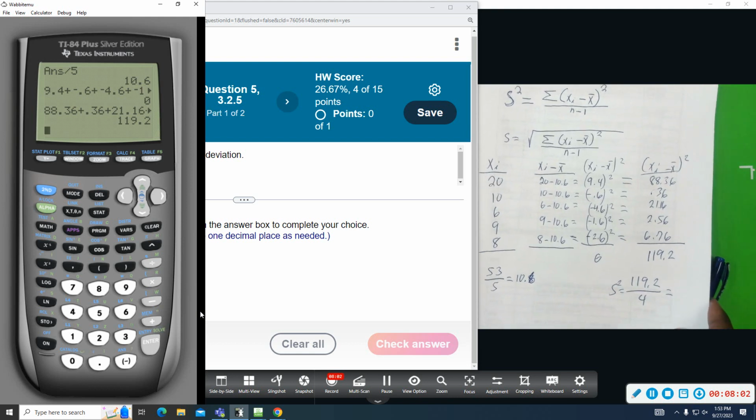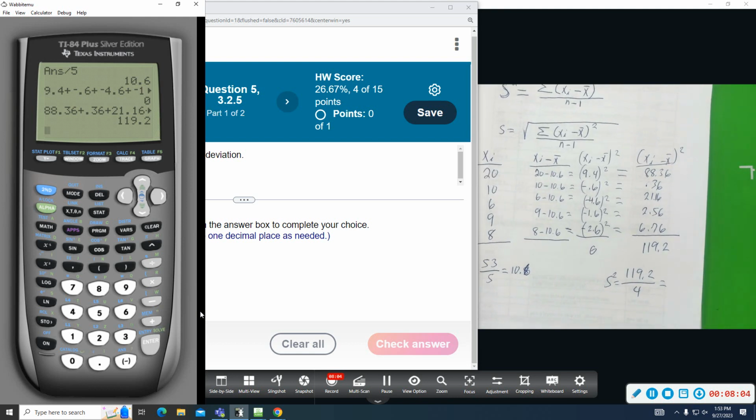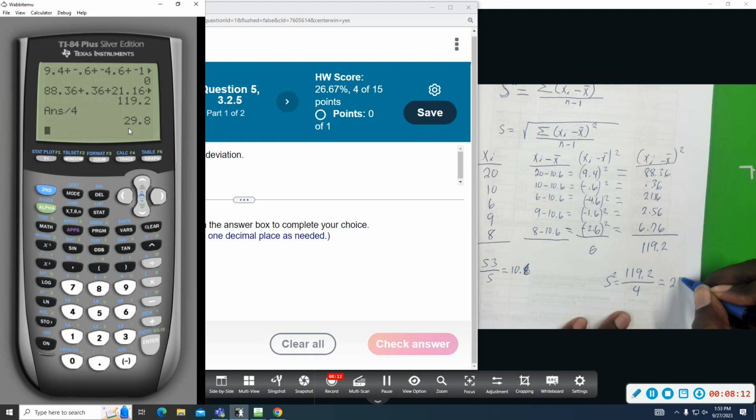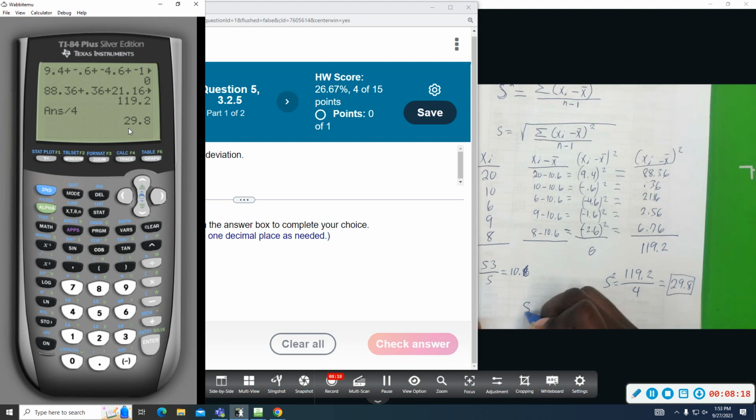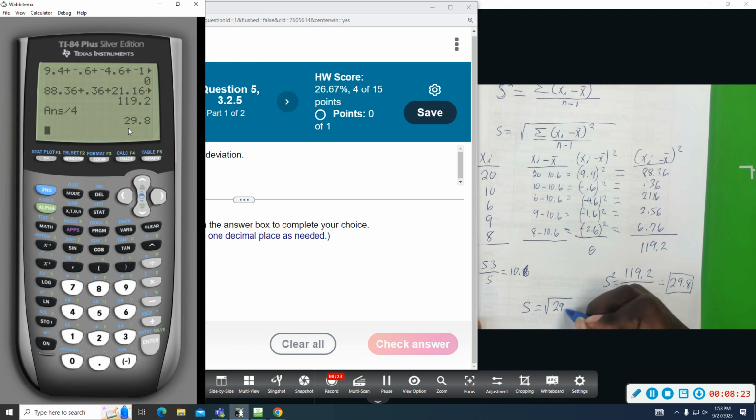I'm running out of room there. So I'm going to take this number, divide by 4. It gives me 29.8. And then S is just equal to the square root of 29.8.